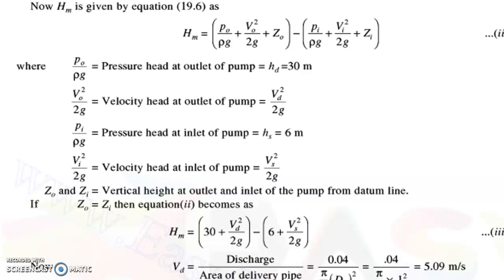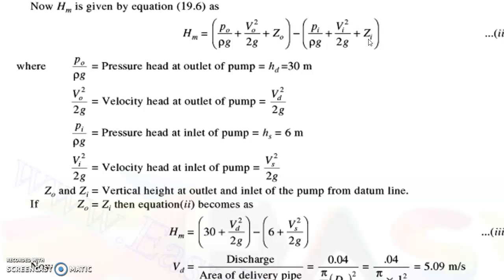Now we know this is one of the expressions for finding out the manometric head, applying Bernoulli's equation. That is equal to the energy at outlet minus energy at inlet. So this is basically pressure head, velocity head at outlet, and here it is at inlet, and this is the distance from the datum at outlet, and here it is from the datum to the inlet.